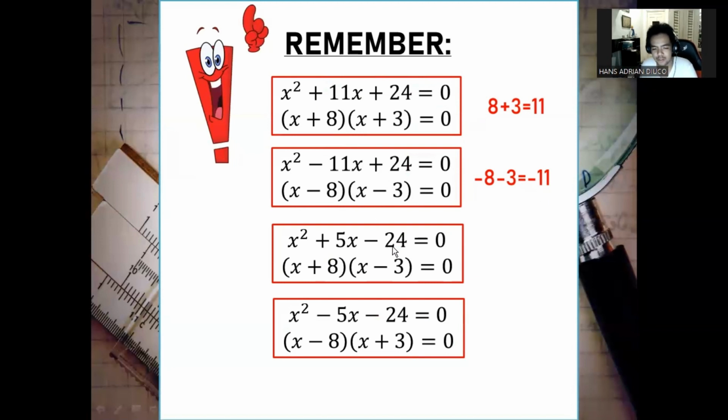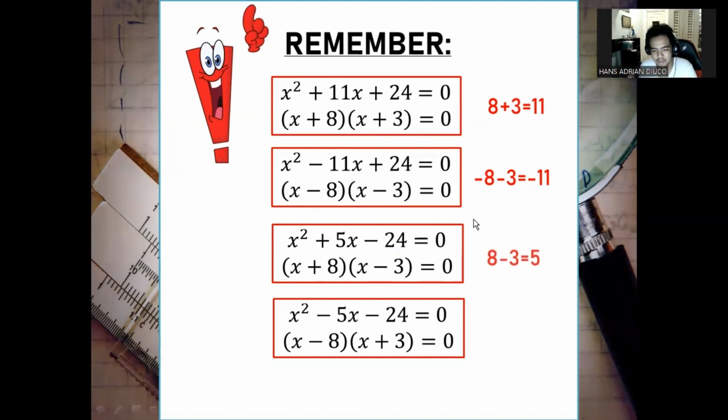For the next one, the third one is the only negative one. So this is where things get weird because you have a positive 8 and a -3. So you're finding out the difference of the factors of A and C, minus from one another.